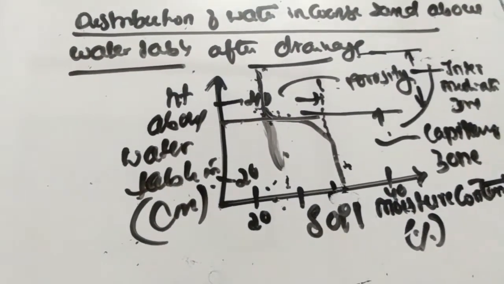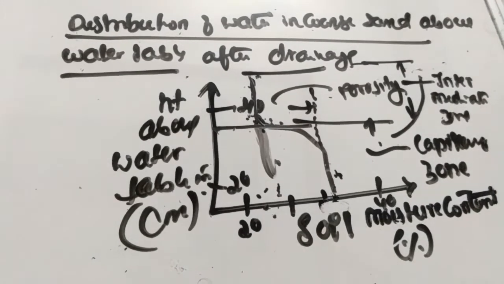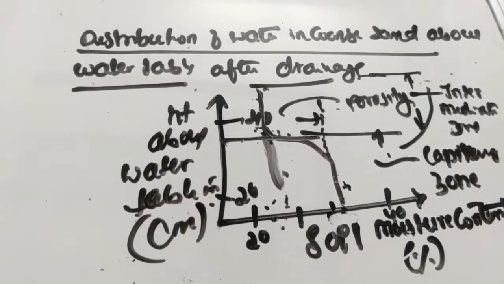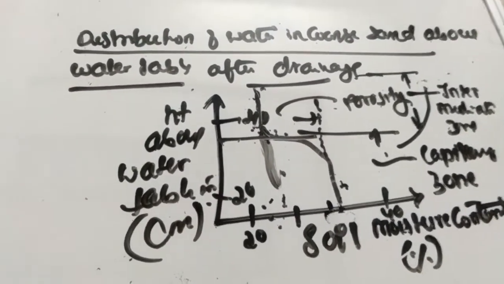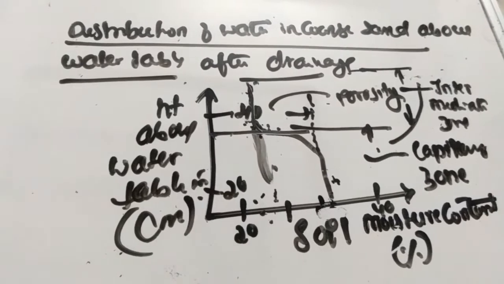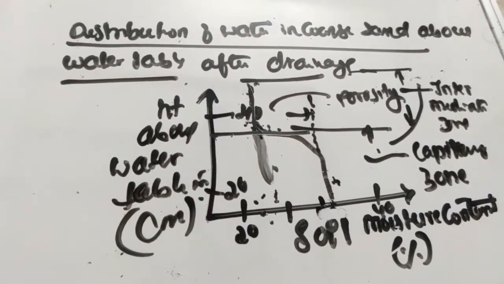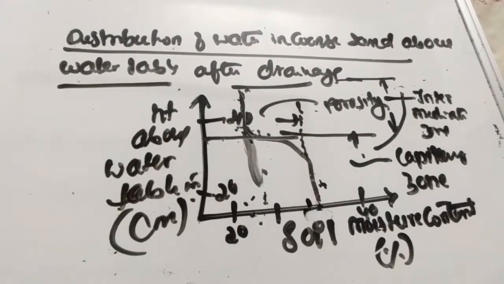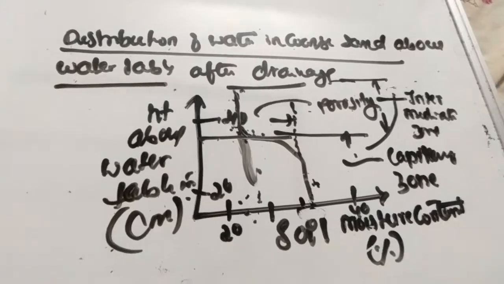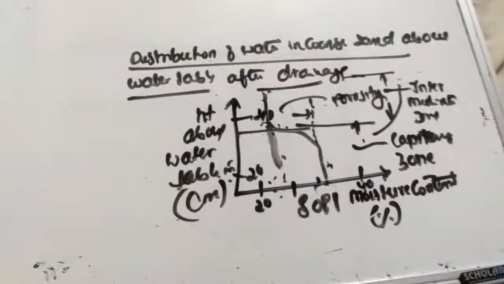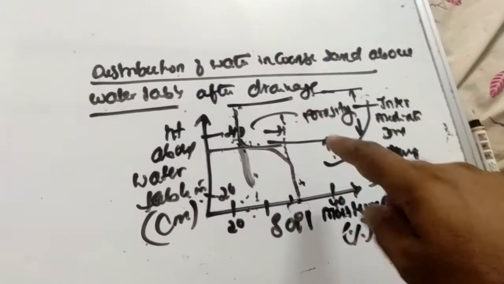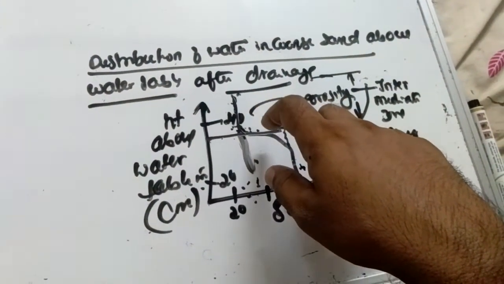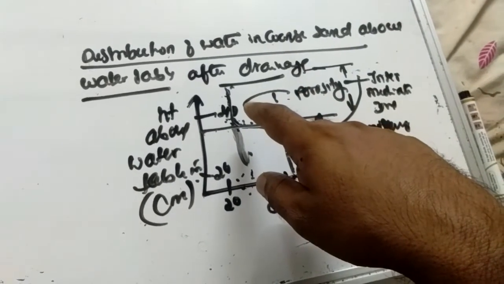This is how it works. In the zone of saturation, water is held entirely by gravity, for all the zone below the water table. As we go above the water table, water is held by hygroscopic as well as capillary action, and at the intermediate zone only the continuous pores contain water.